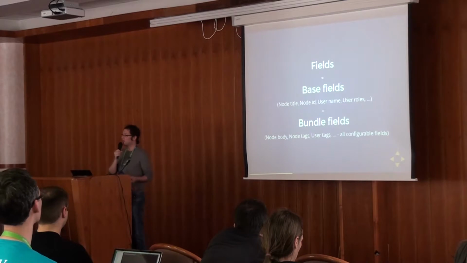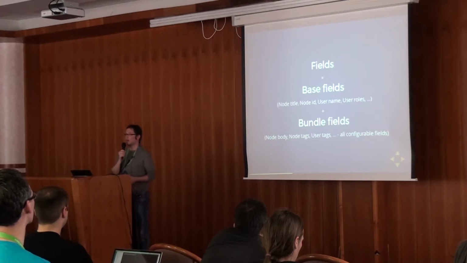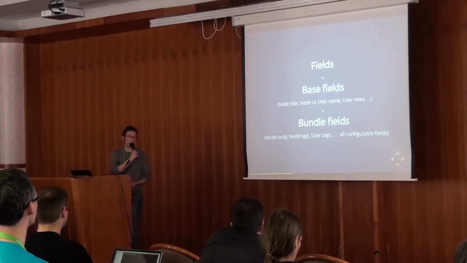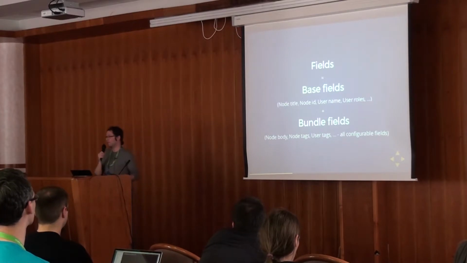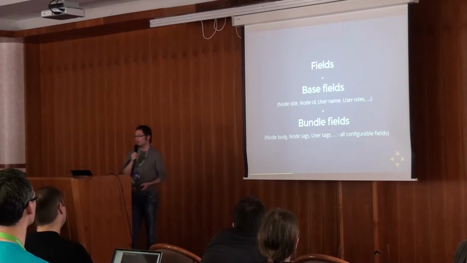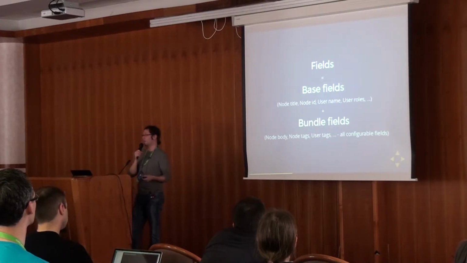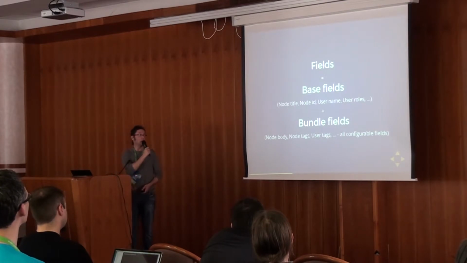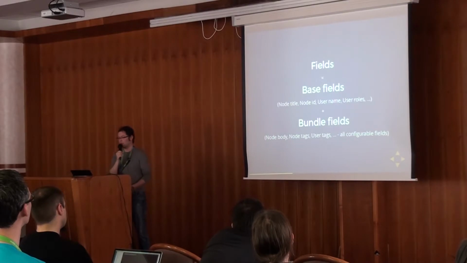When you have a node and you have different node types, regardless of the node type, each of the nodes will have that field. In addition to that, we have bundle-specific fields. Those are the fields that are specific to a node type, like the node text or the node body. Only the nodes which are of a certain bundle for which those fields have been configured will have that field. So basically all configurable fields, all field API fields, are bundle fields, so they're all bundle specific.